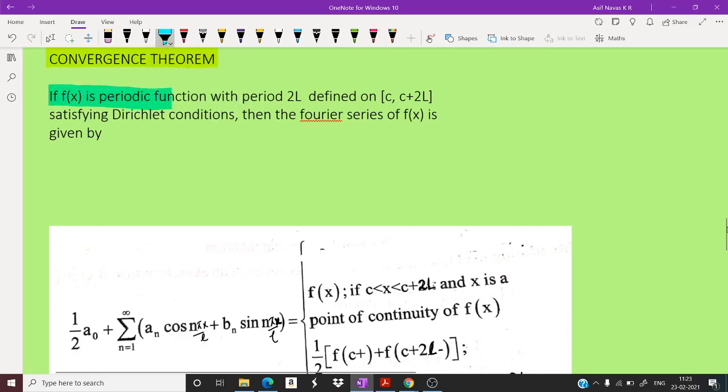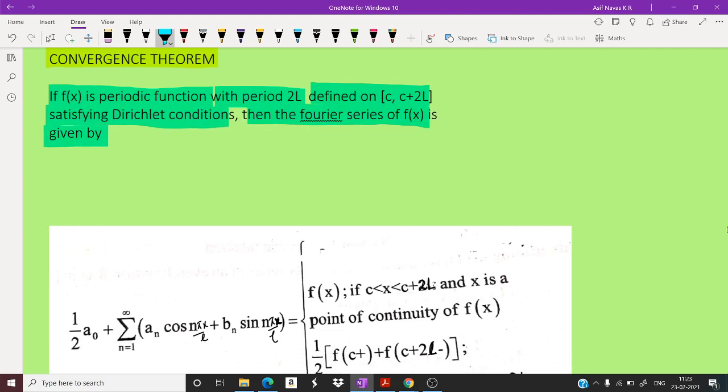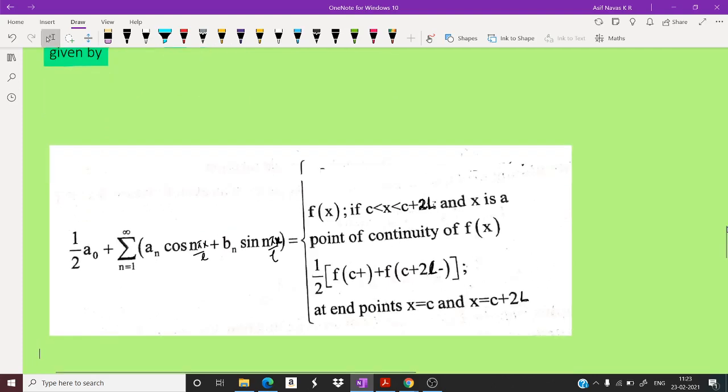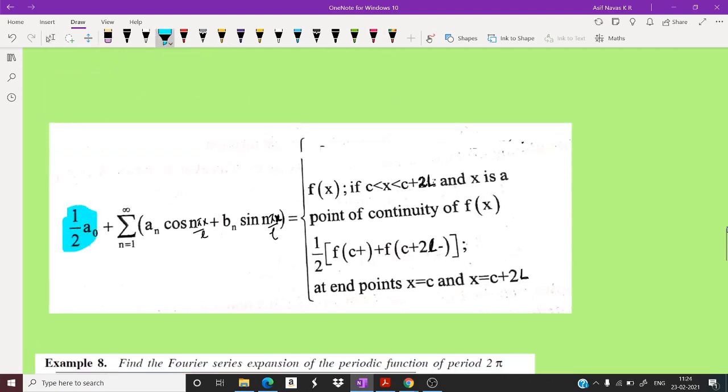If f of x is a periodic function with period 2L defined on the interval c to c plus 2L satisfying Dirichlet conditions, then the Fourier series of f of x is given by, what is the Fourier series of f of x? We know that a naught by 2 plus sigma n equal to 1 to infinity an cos n pi x by L plus bn sin n pi x by L. Have you got it? 1 by 2 a naught plus, this is the Fourier series, right?